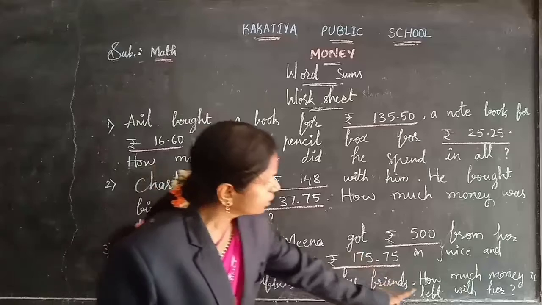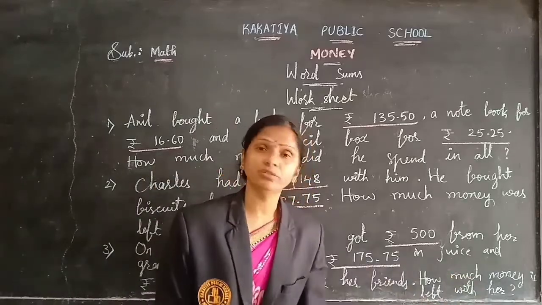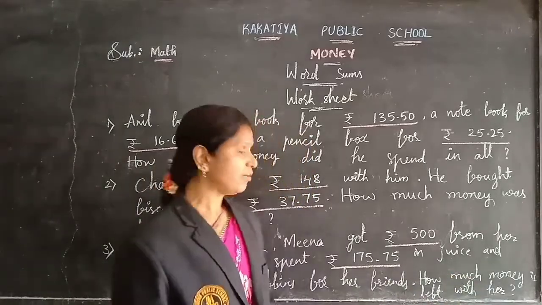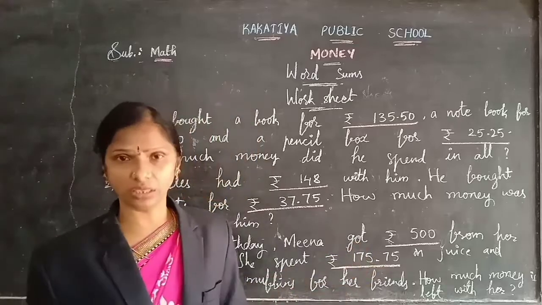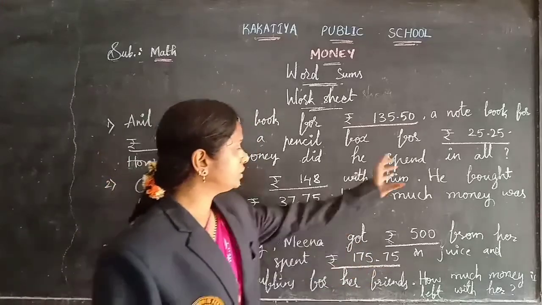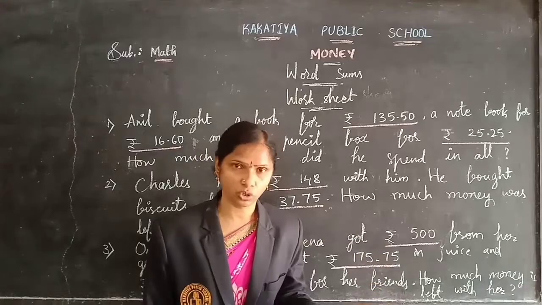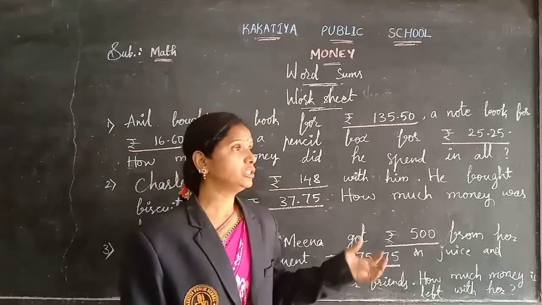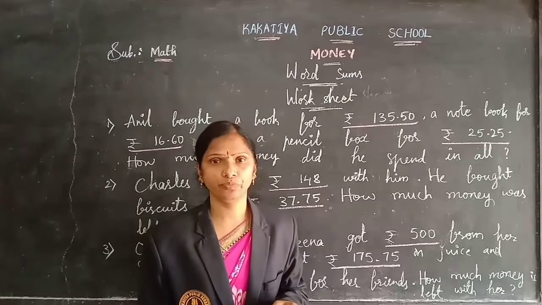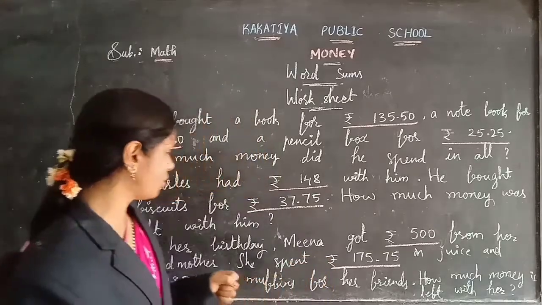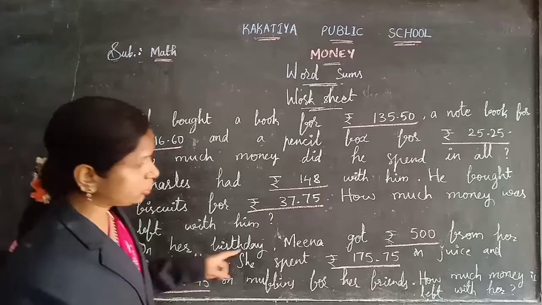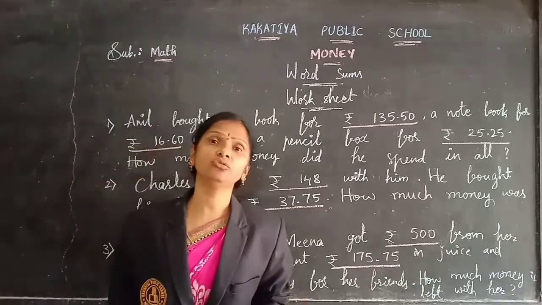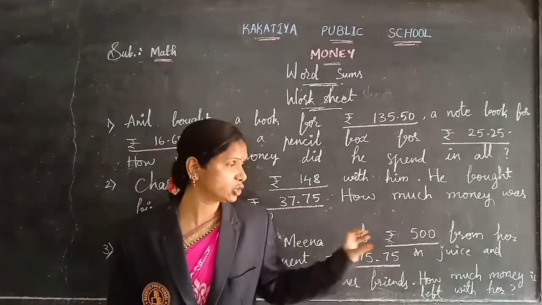Now, how much money is left with her? Now, after purchasing these two things, she has given more amount to the shopkeeper than these two things. Okay, so she'll get back an amount also. So what we need to do in this problem, children? See, you need to find the total spent amount on these two items.